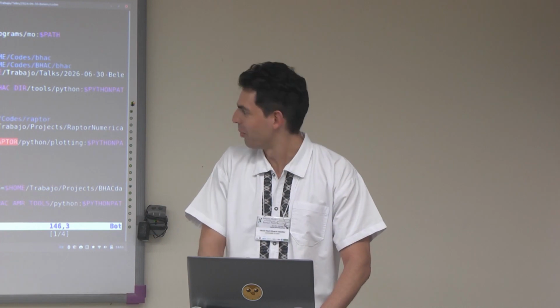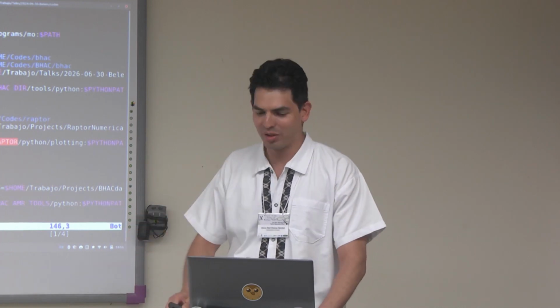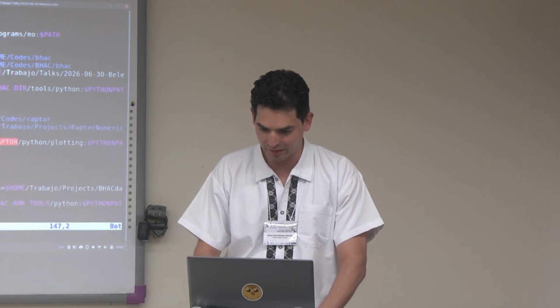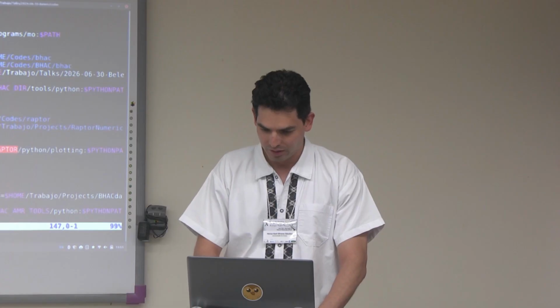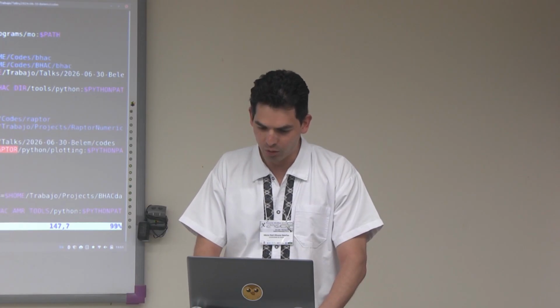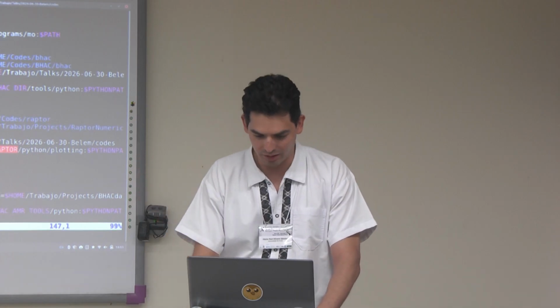Here, similar to before, I already have it in some directory, but I will comment it out and create a new line with the same environment variable, but pointing to the directory where I just downloaded.